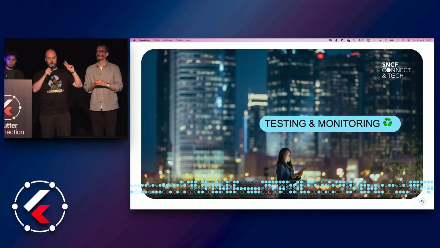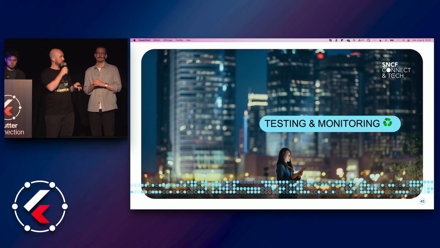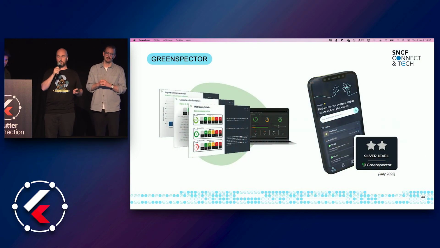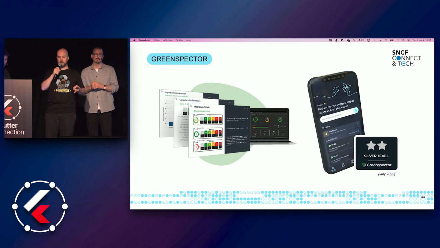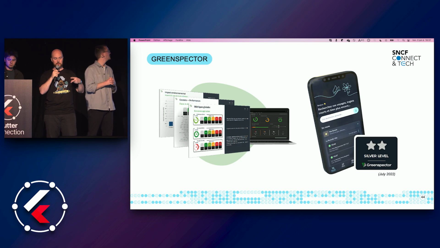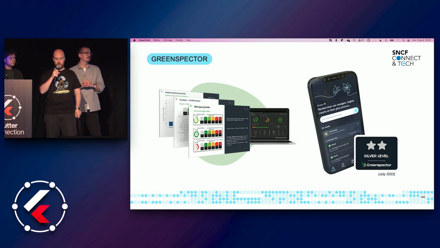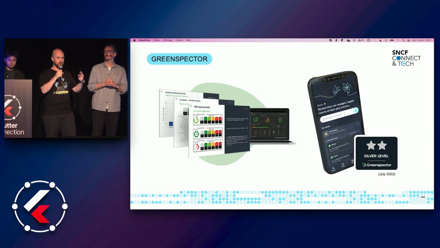And now we'll quickly review solutions and tools we use and we know to test and monitor the performance over time. So we have to mention GreenSpector. We've been partnering with this French company for years. Basically, they provide audits on the performance and the carbon footprint.